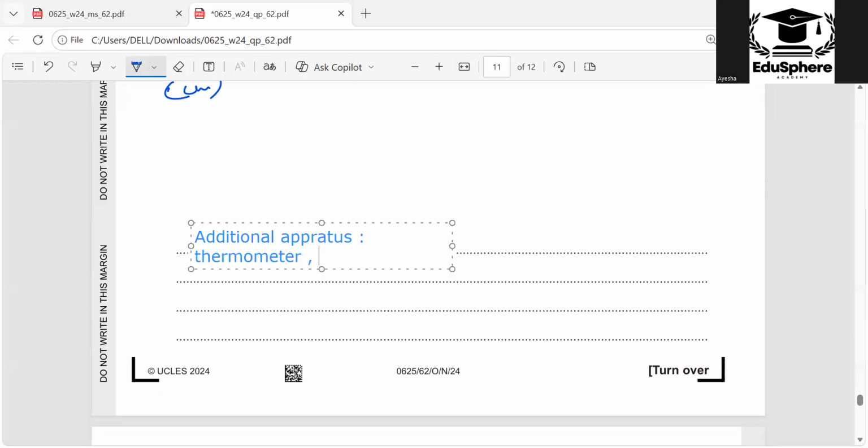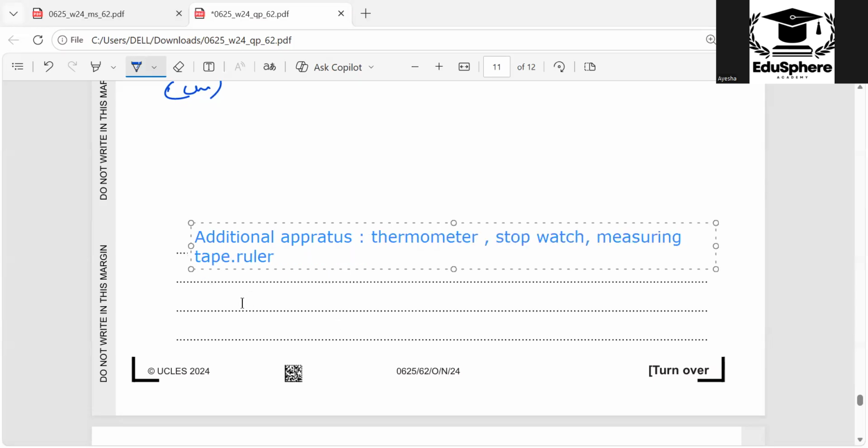Then we should have the stopwatch. Then we have the measuring tape. The first answer would be this one. These are the additional apparatus. And of course, maybe a ruler. If you do not have a measuring tape, you can use this. Okay, so this is the first answer for this one.